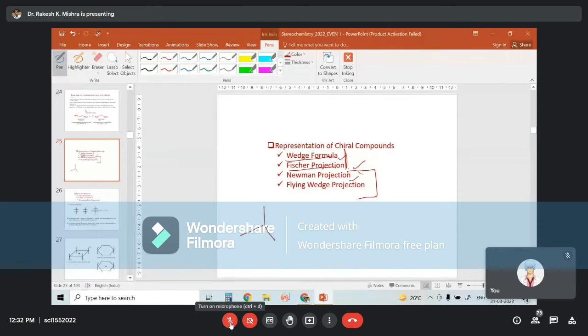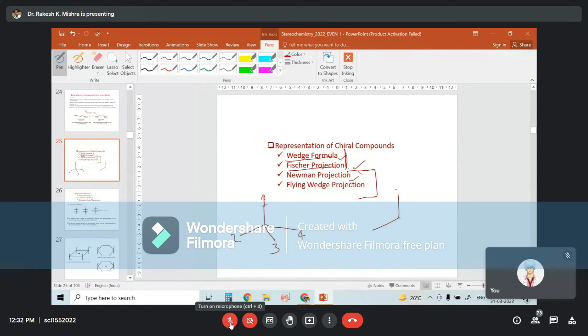this is the way you are representing, 1, 2, 3, 4. But now it is not clear which is on the back side, which is on the front side. It's not very clear here. So what do we do here? We take 1 and 2 in a plane.